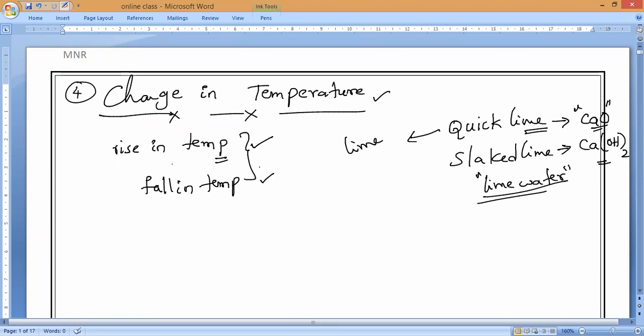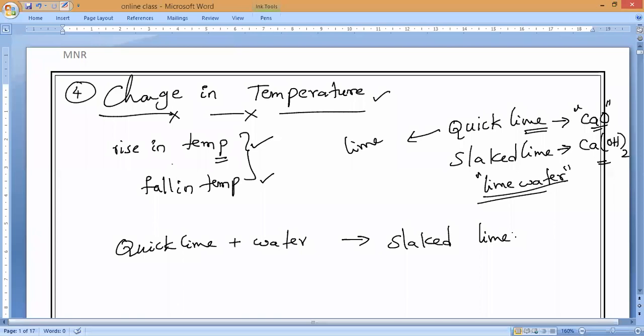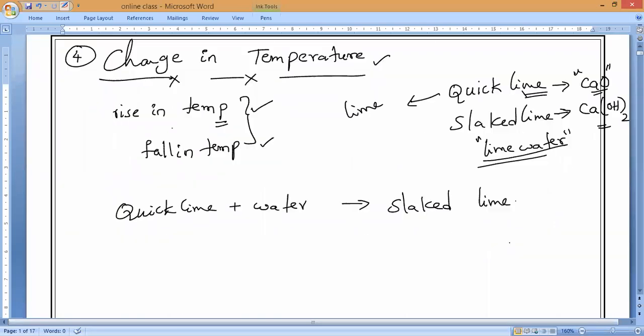Now let us come to this. Quicklime reacts with water, do you understand what I'm saying? Quicklime reacts with water, and we get a product called slake-lime.